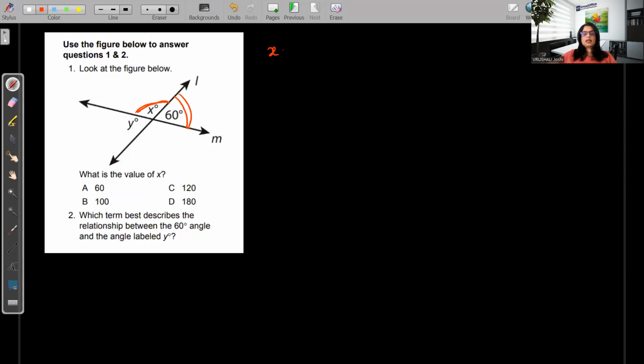So can we say that X plus 60 is equal to 180? Why do we say this? We say this because they are a linear pair, correct? Because they form a linear pair. And we just saw that the sum of two angles on a linear pair is 180, correct?